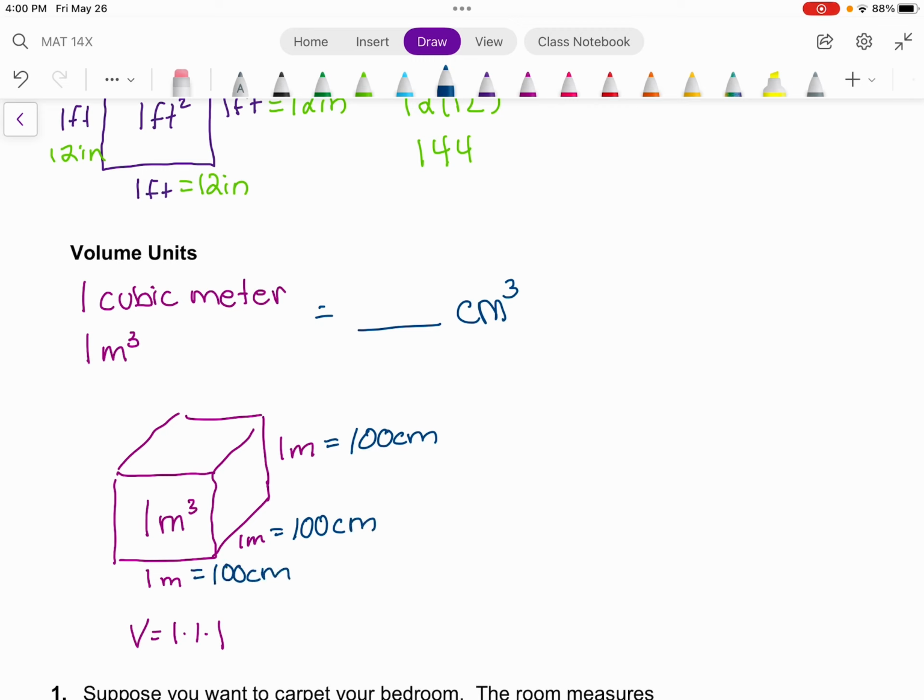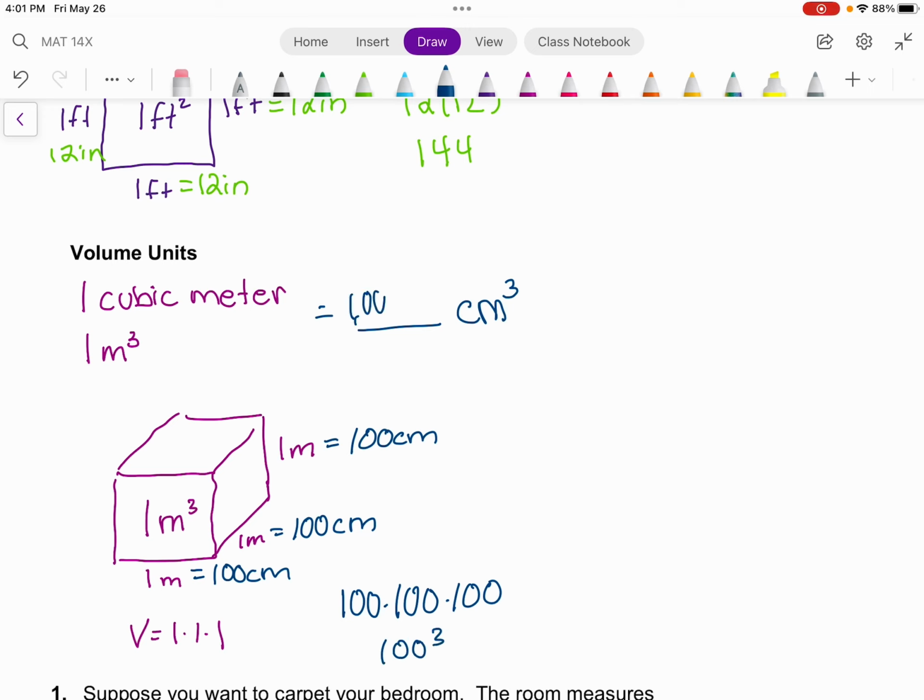So if I wanted to find this same volume in centimeters, that would be 100 times 100 times 100, which is 100 cubed, or 1 million, 1 with 6 zeros following it, cubic centimeters.